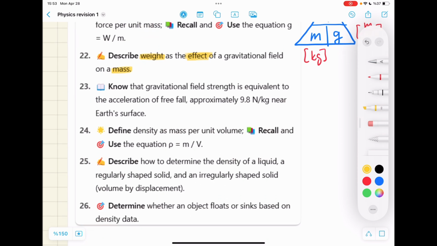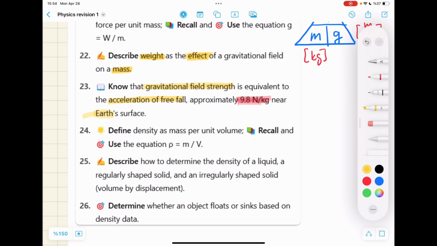We know that gravitational field strength is equivalent to the acceleration of free fall. Acceleration of free fall and gravitational field strength, same thing. Approximately 9.8 newtons per kilogram near Earth's surface. Of course, this will change slightly depending on where on the Earth you may be, but that's not something that is relevant for us. Earth's surface is important here.